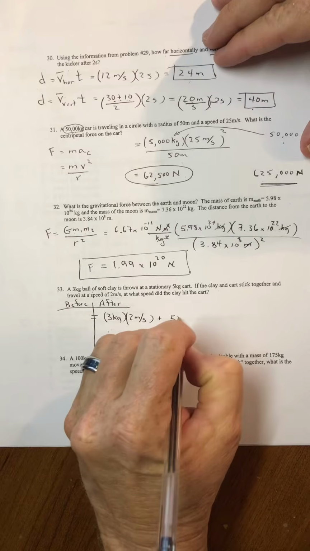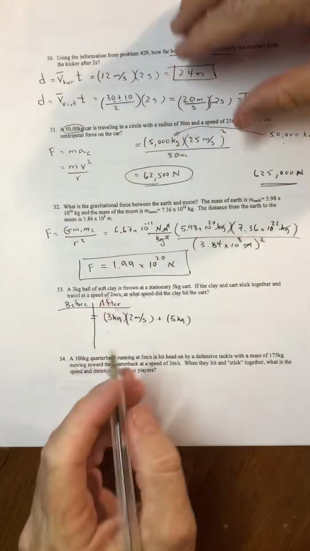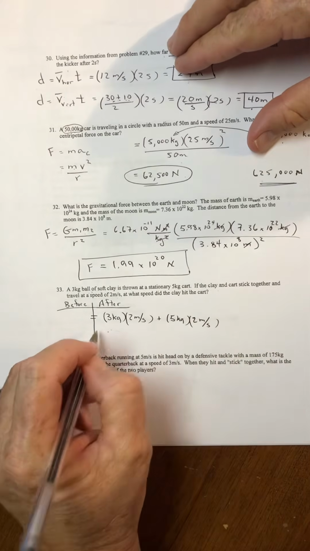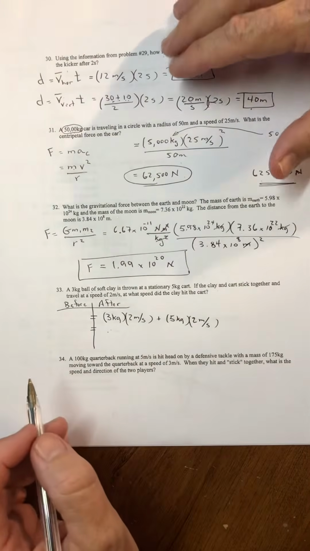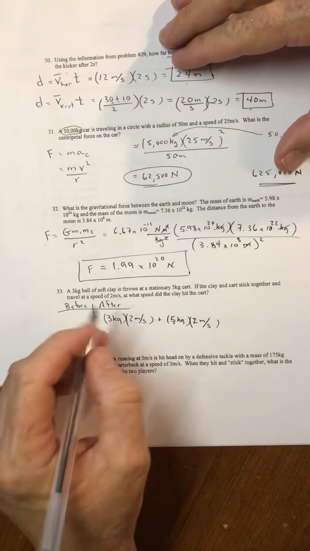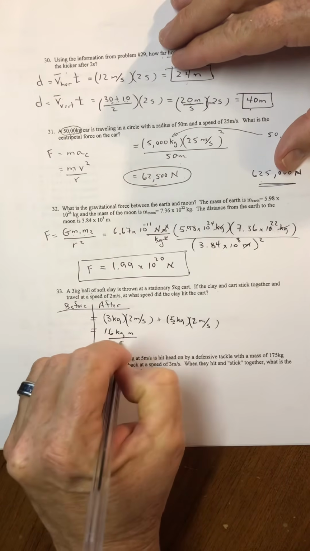But also it stuck to the cart. So the clay, stuck to the cart, and they both go moving. So that would tell me then that the cart is also moving with a speed of 2. And so this is 10 and that's 6. And so we're talking about 16 units of momentum.